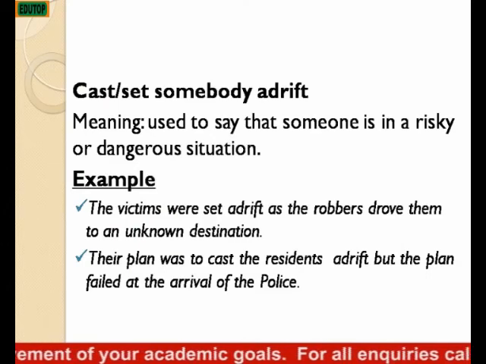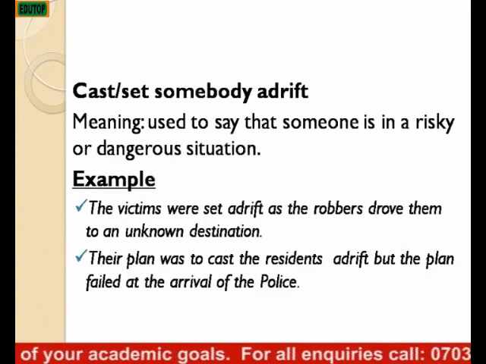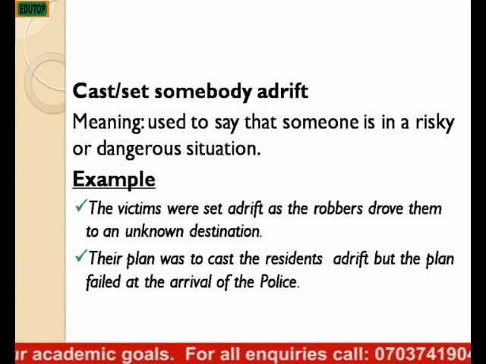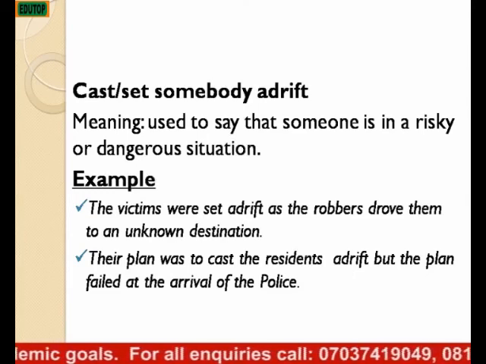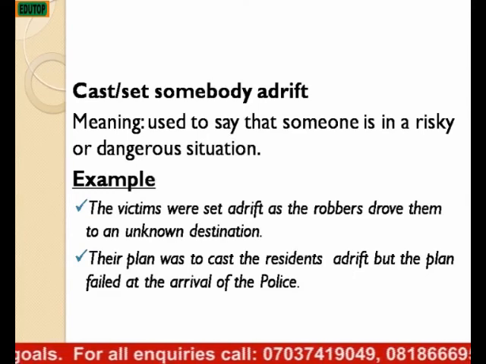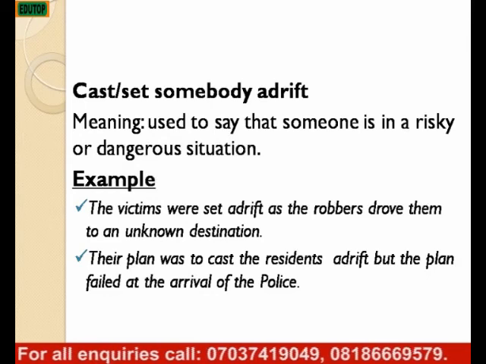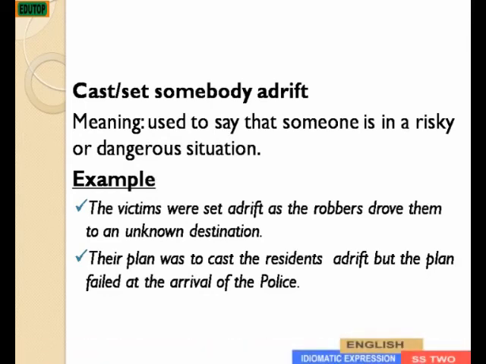It is used to say that someone is in a risky or dangerous situation. Example: the victims were set adrift as the robbers drove them to an unknown destination. That is, the victims were in a dangerous situation when the robbers drove them to an unknown destination.